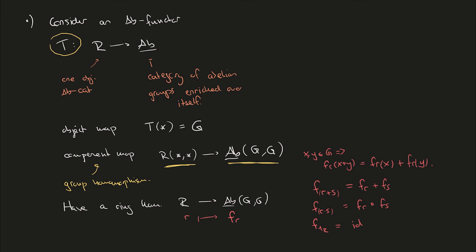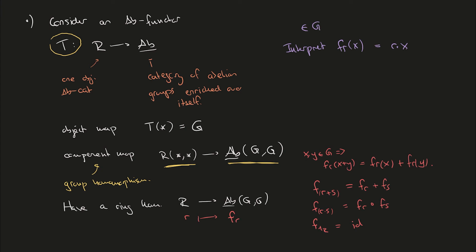We've now done a bunch of translation and we're almost there. What we now have to notice in order to figure out what these conditions mean is that we can interpret an endomorphism f_r as a scalar multiplication by r in the abelian group G. That is, interpret f_r of some element x as r times x, where this is a scalar multiplication. And x is again an element of the group.